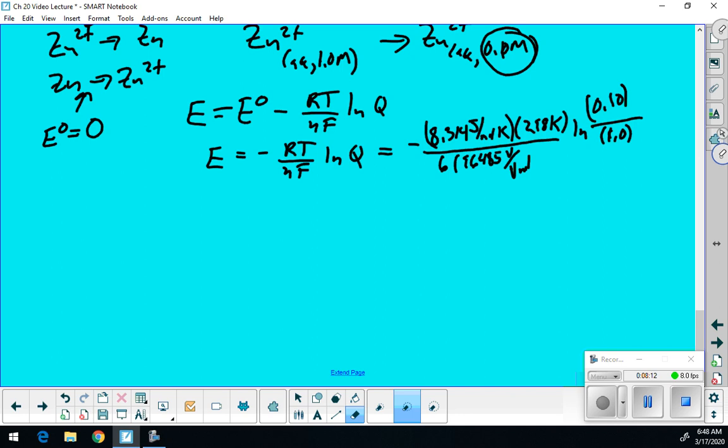So to get the answer to this, it would be 0.1, take the natural log of that, times 298 times 8.314 divided by 6 divided by 96485, and I get a negative of that.